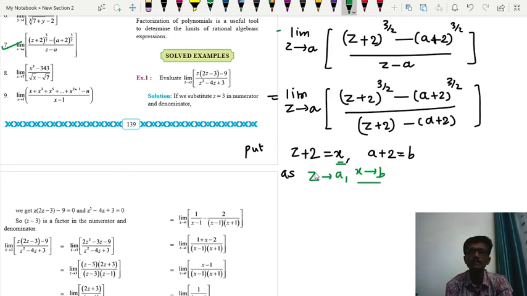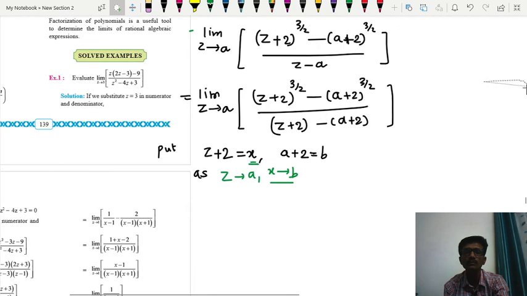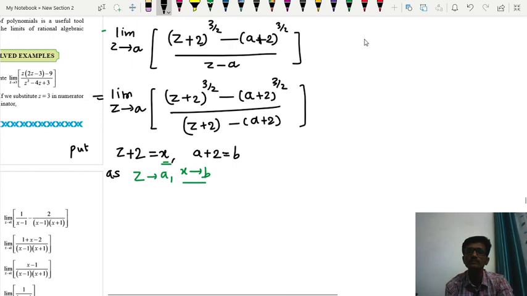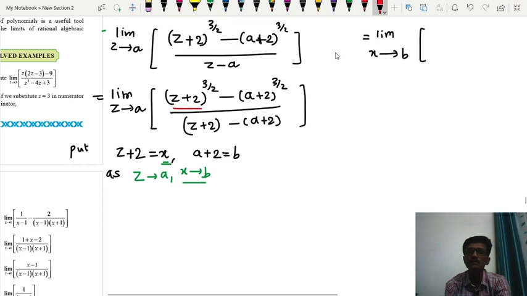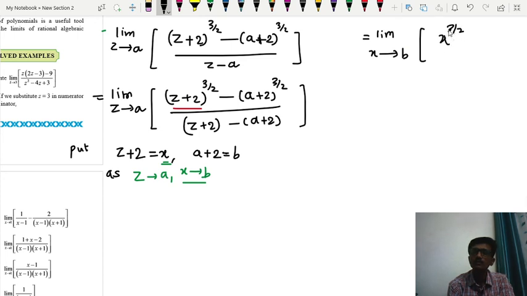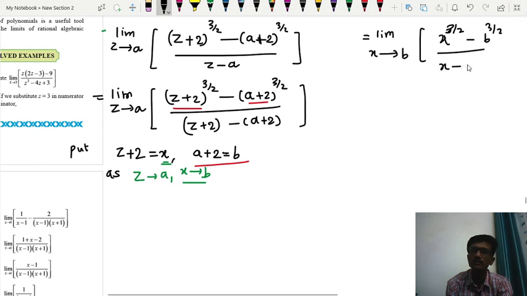Yes students, so we can write it as: limit z tends to a means x tends to b, and here z plus 2 is x, so this is x raised to power 3 by 2 minus, but a plus 2 is b, so b raised to power 3 by 2, upon, very simple now, z plus 2 minus (a plus 2) is x minus b.